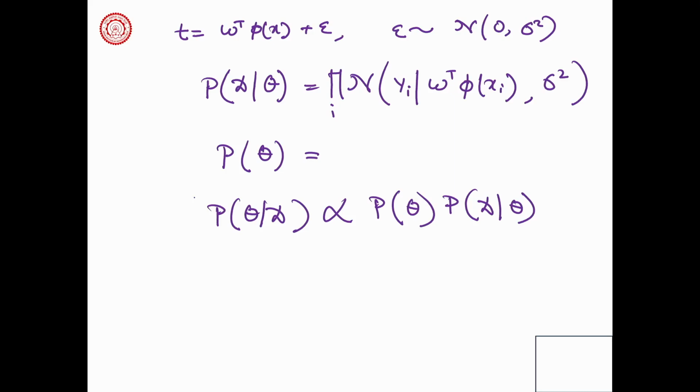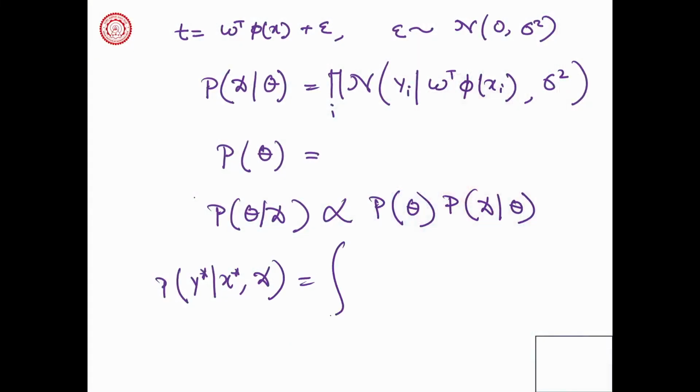And once you have this, you can find out probability of y star given x star comma data, which is equal to the integration of probability of y star given x star comma theta, times probability of theta given D, d theta, right.